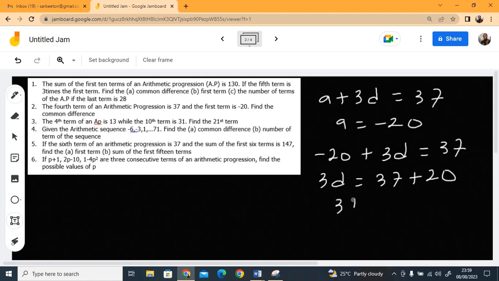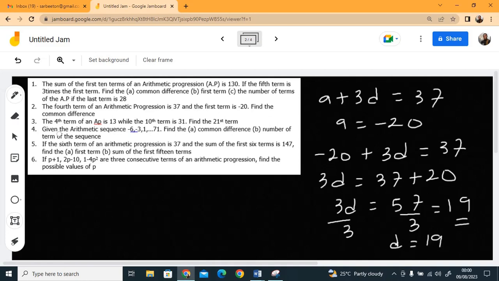So 3d equals 57. You divide both sides by 3. 3 in 57 is 19. So our d equals 19. That's the answer for that one.